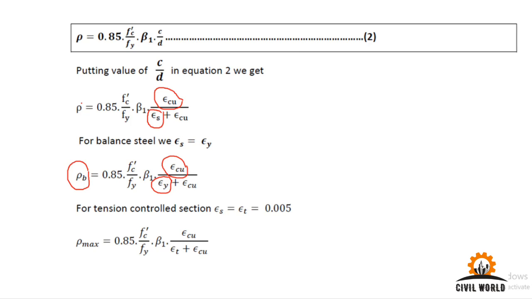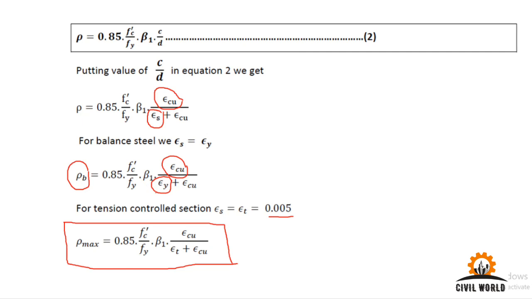The concrete compressive strength is more compared to the steel tensile strength, and now concrete will be intact at the point when steel will fail, and we will have a tension failure of our reinforced concrete member. So the maximum reinforcement ratio which we'll be using is when we use this epsilon t in place of epsilon s, and epsilon t is 0.005.